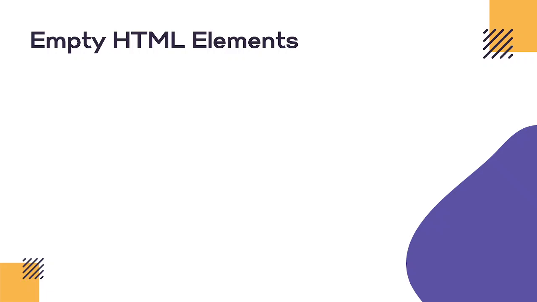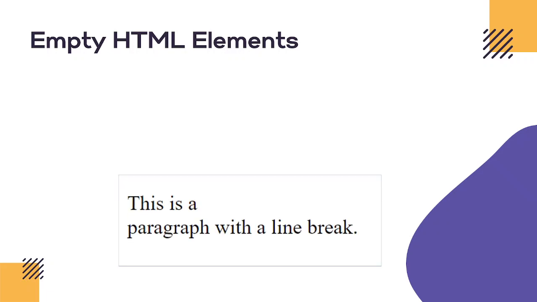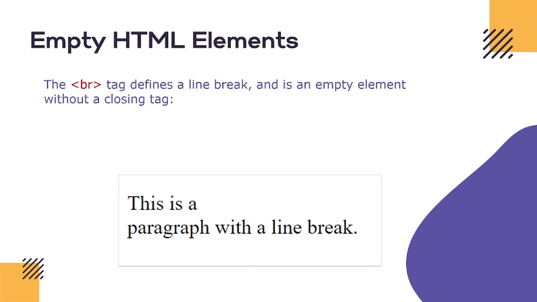Okay, so let's proceed with the empty HTML elements. This is a paragraph with a line break. The BR tag defines the line break, and it is an empty element without a closing tag. It is an example of an empty element because it can be used without a closing tag or end tag.